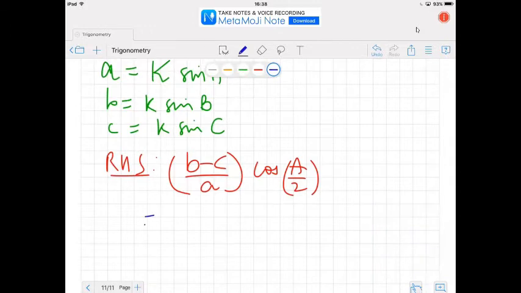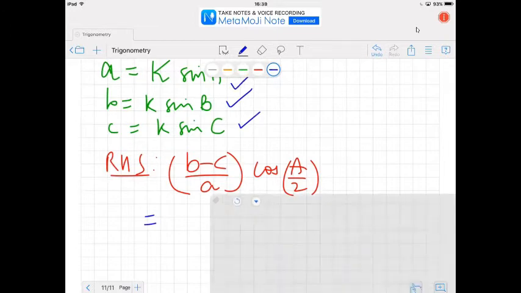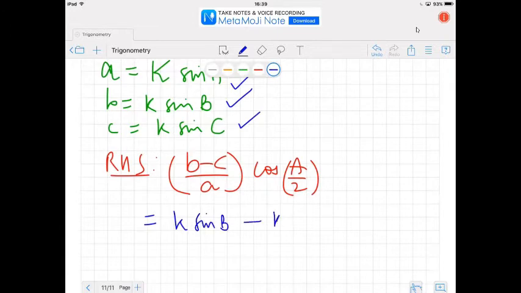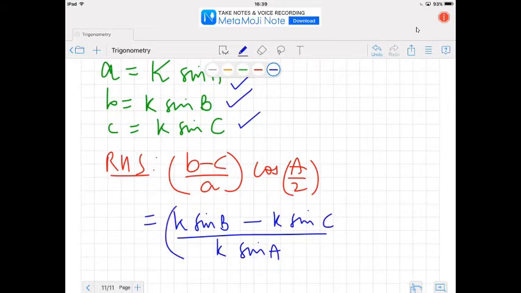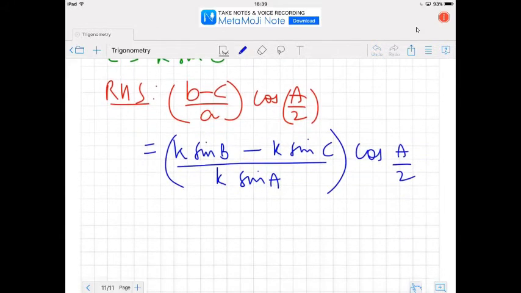So I'm going to substitute small b, small c, and small a as k sine B, k sine C, and k sine A that we saw. So I'll write small b as k sine B, this will be k sine C, and small a will become k sine A. And I'm going to keep this as it is for now.